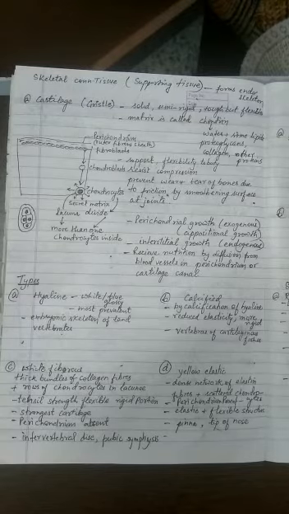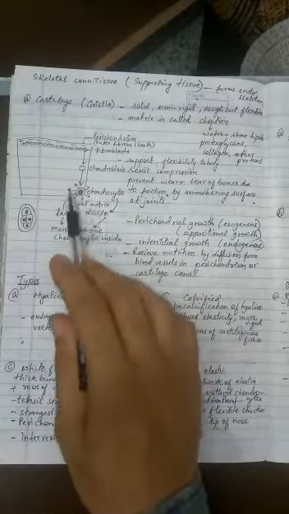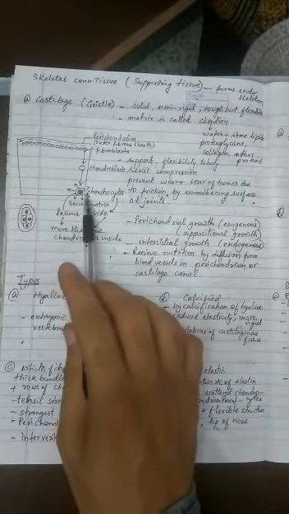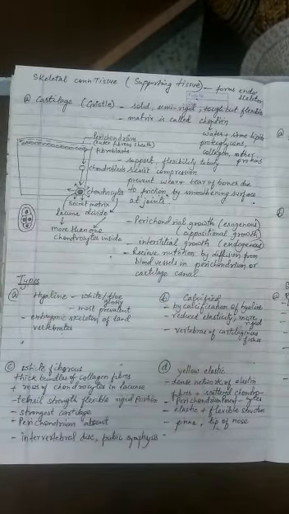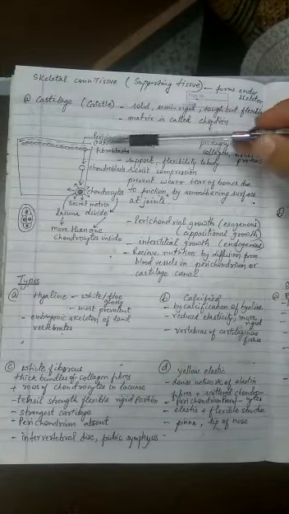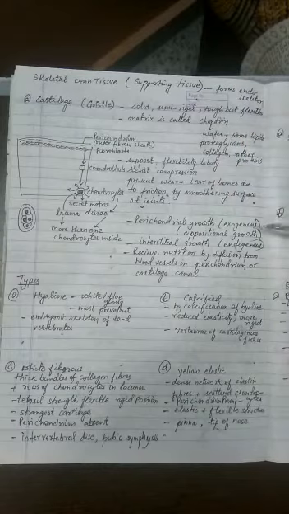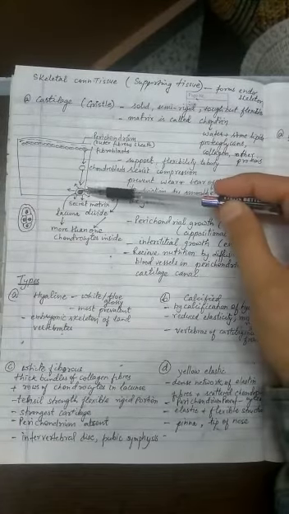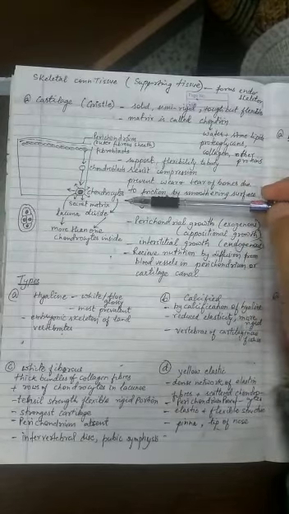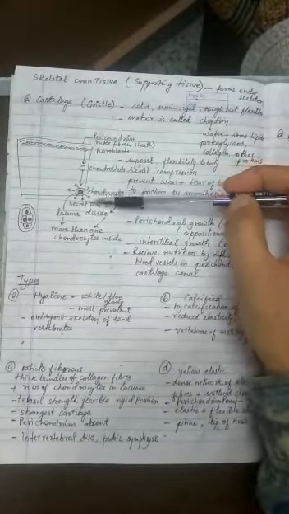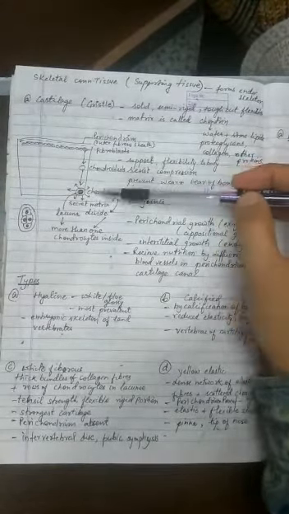Now what is the function of the chondrocyte? I have already written everything in the notes here. Chondrocytes secrete matrix around themselves. So now two things are there. First, the growth is occurring from outside to inside. That's why it is called exogenous growth. And the second growth is that this cell, which is called a chondrocyte, is going to secrete content around itself.